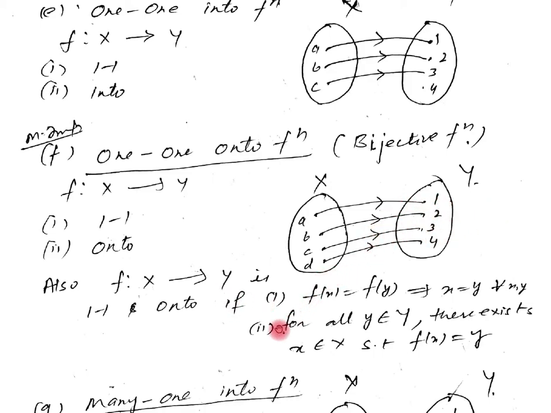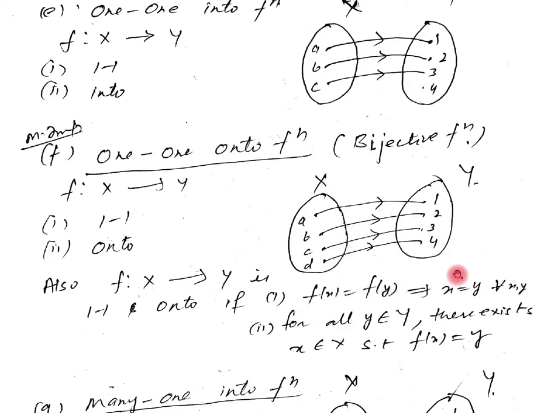First condition. Second is the onto. It means for all y belonging to y, there exists x belonging to x such that f(x) equal to y. These two steps we always use whenever we have to prove the function is one-one and onto, or whether we have to prove that the function is bijective. It should be one-one: let f(x) equal to f(y).